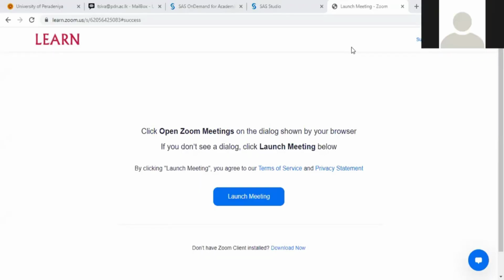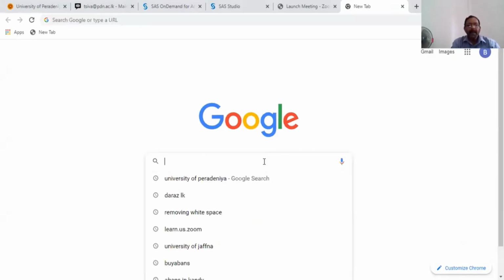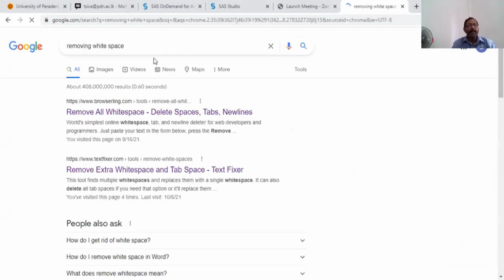I'm in Google right now. So in Google, can you all see the Google? Yes, sir. Right. Make a note of it. Everybody should make a note of it. There's a program called removing white space. Type removing white space. I hope everybody can see it, right?